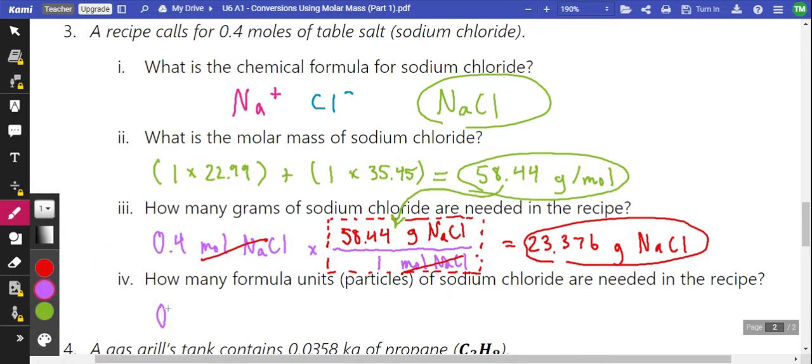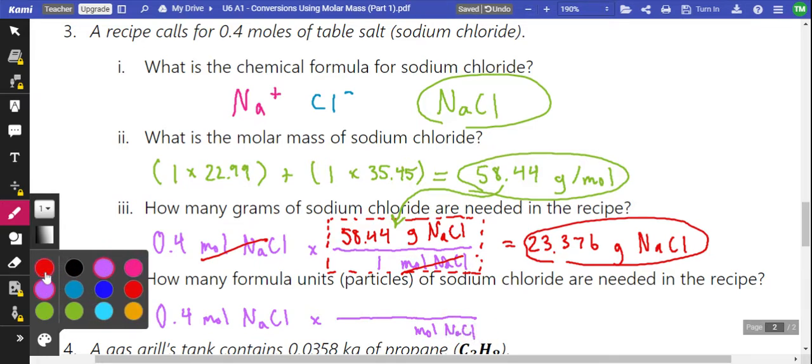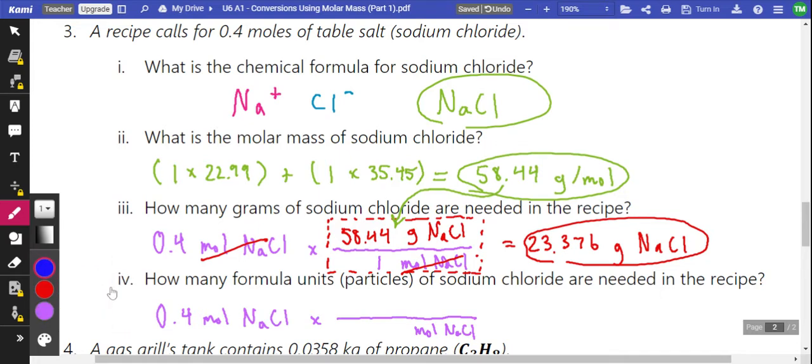So 0.4 moles of NaCl is what we're starting with, but in this case, we're going to go to particles instead of grams. The old unit I want to get rid of is moles of NaCl. And this time I'm trying to change it into particles, so I'm going to put particles of NaCl on top.